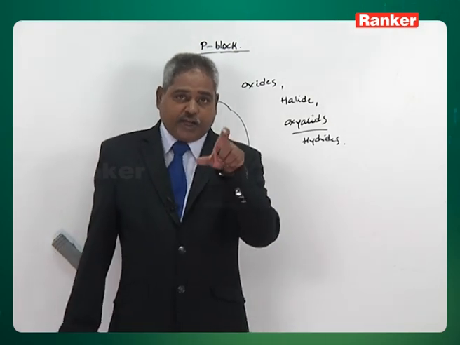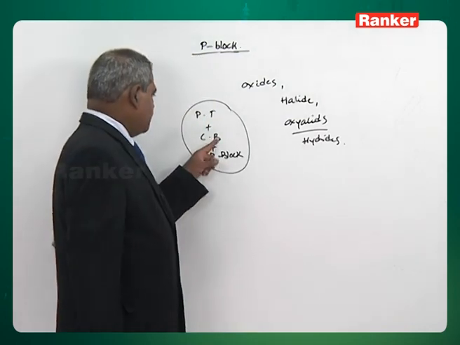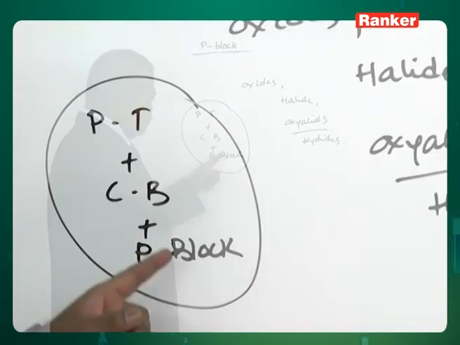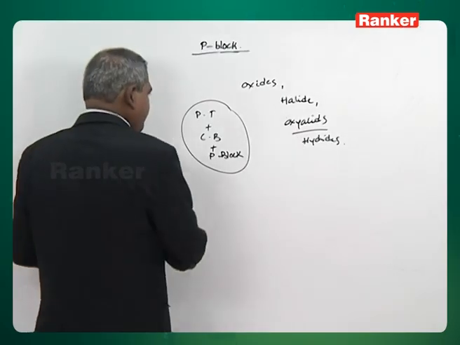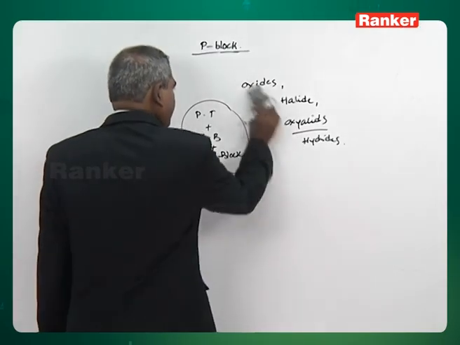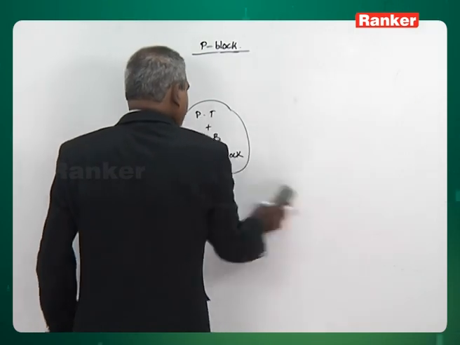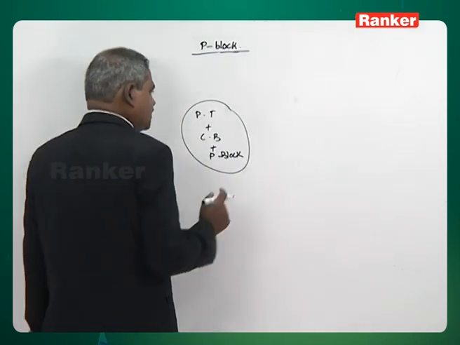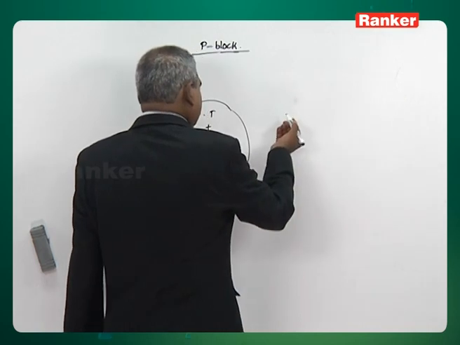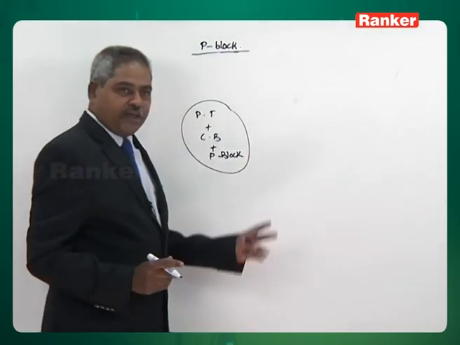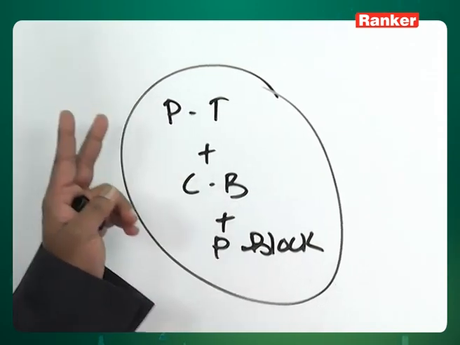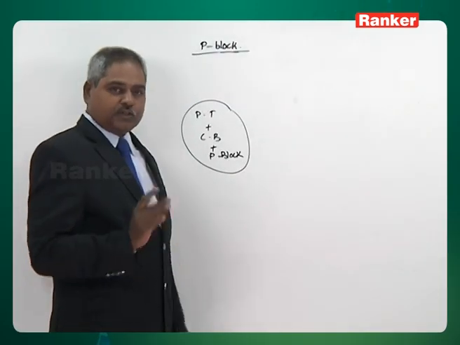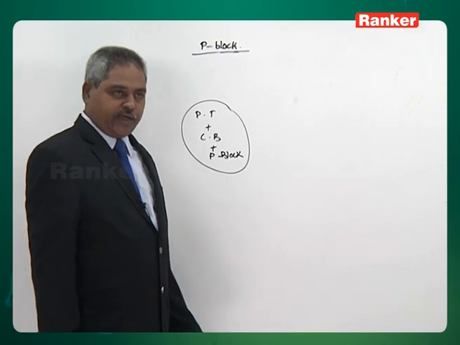But while sharing electrons, the covalent bond, we mostly discuss non-metals. In p block we are mainly discussing non-metals. These three topics, periodic table, chemical bond, p block, are one part of inorganic chemistry.